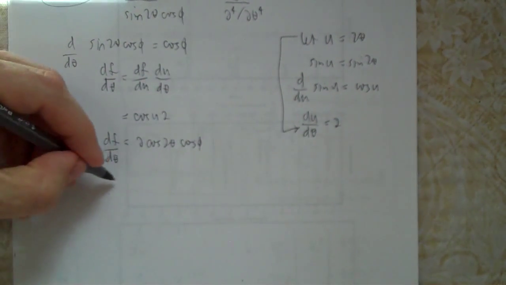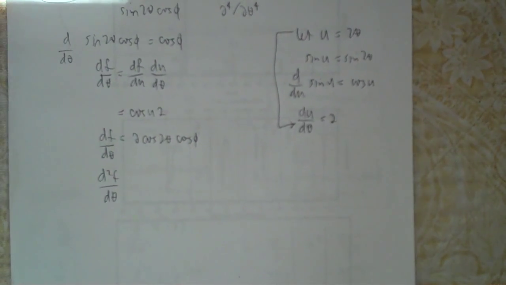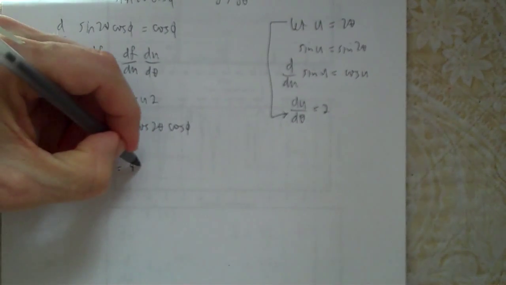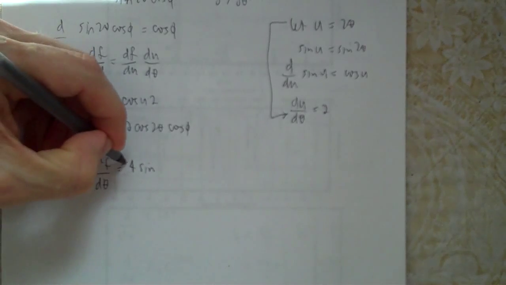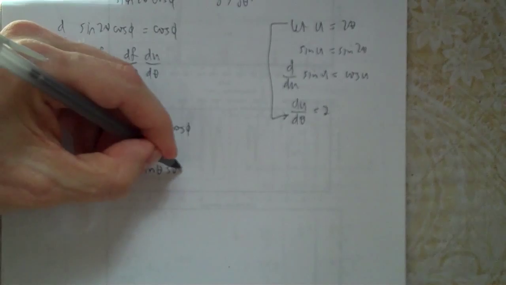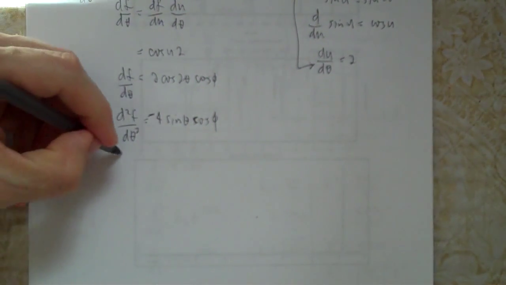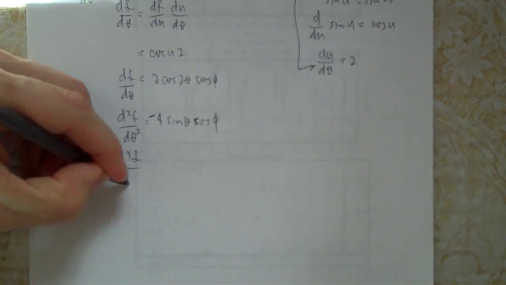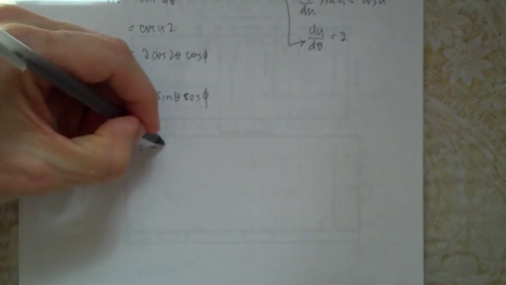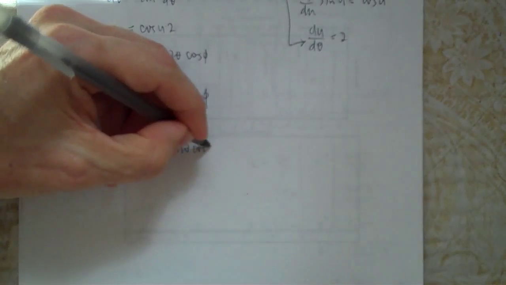I can roll here. My second derivative of f with respect to theta, bringing the 2 out again, is going to be negative 4 sine 2 theta cosine phi, because it's going to come out as a negative. The third derivative is going to be negative 8 cosine 2 theta cosine phi.